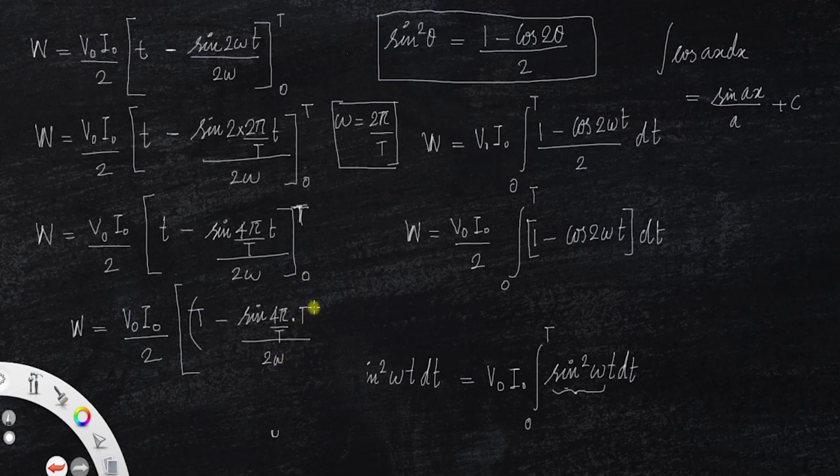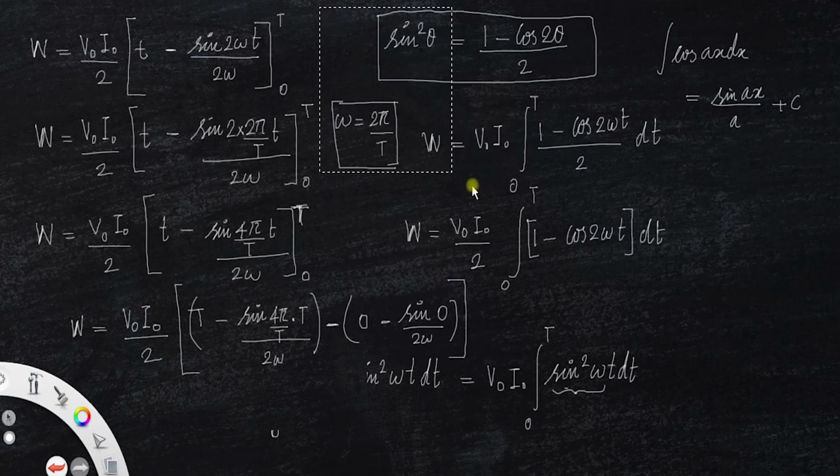This is the upper limit minus the lower limit. You can put the value 0 for the small t. That is 0 minus sine, and when you put 0 in here, this whole term will become 0. So sine 0, this whole term becomes 0 by 2 omega. Clear?